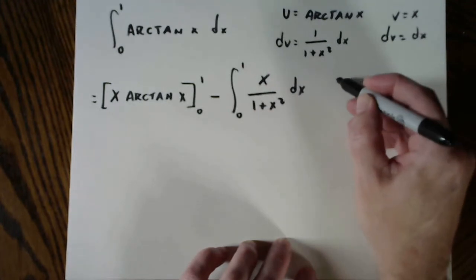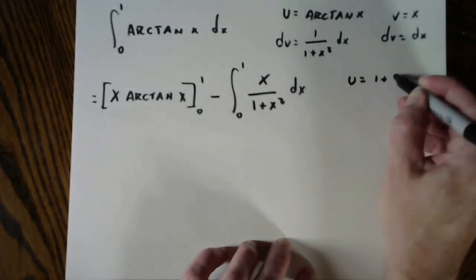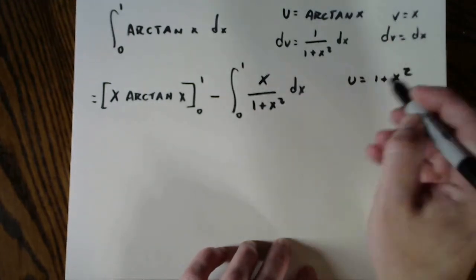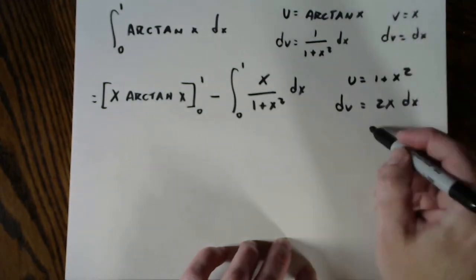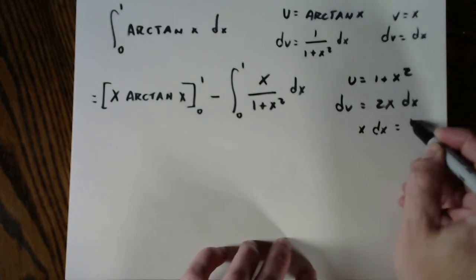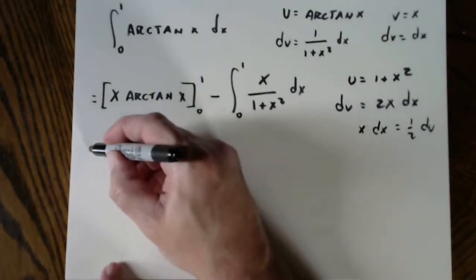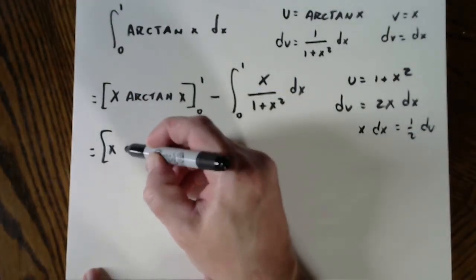This resulting integral is a u sub. So this will be 2x dx. So x dx is 1/2 du. Okay, so again, I'm going to rewrite this. I could evaluate.